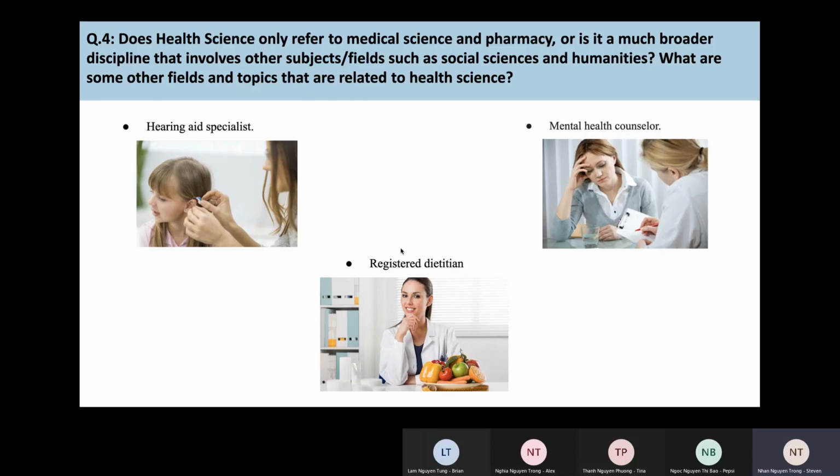And the last one is registered dietitian, people who do scientific research and advise others on nutrition and health issues. In other words, the dietitian will monitor and evaluate the nutritional status of patients being treated in hospitals and nutrition centers to plan appropriate interventions.